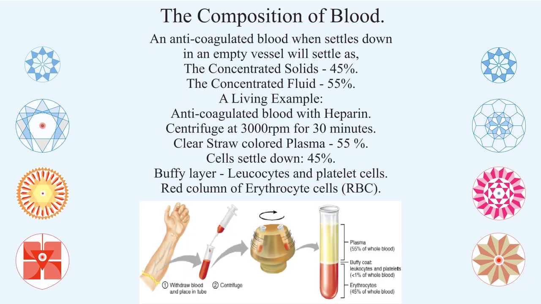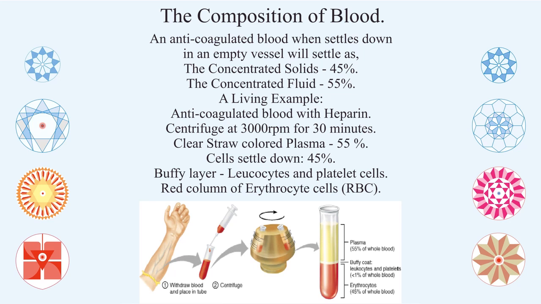Composition of blood, as I've told you in the beginning, I'm trying to bring it again. Anticoagulated blood, when it settles down in an empty vessel, will settle down as concentrated solids, which means cells 45%, and concentrated fluid, which is 55%.